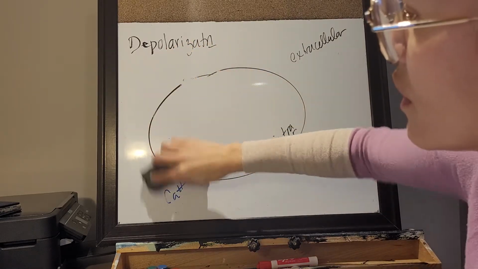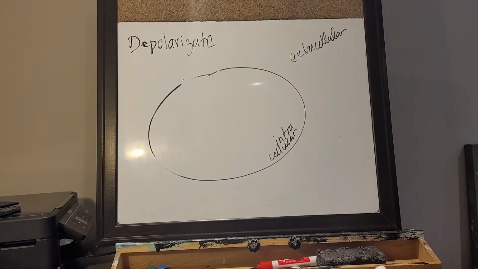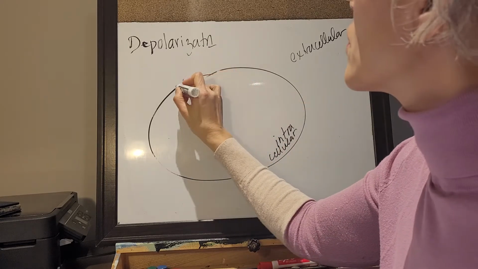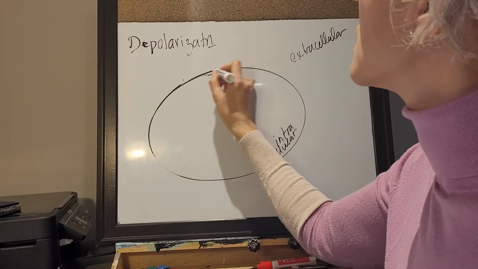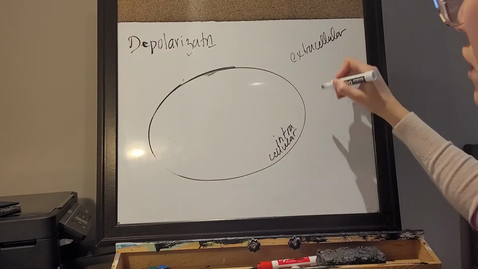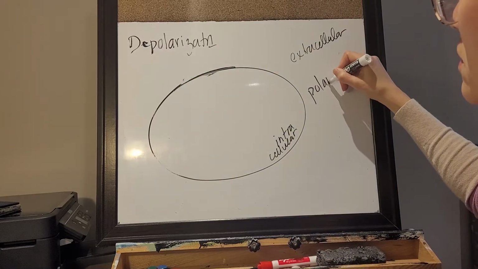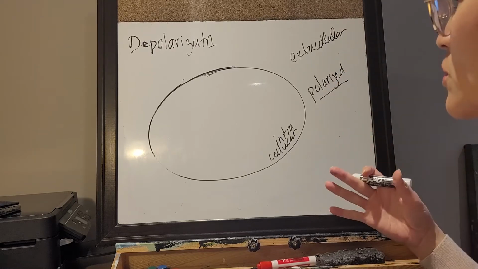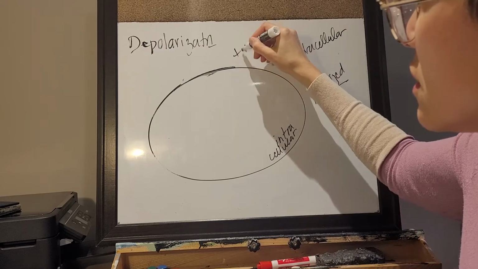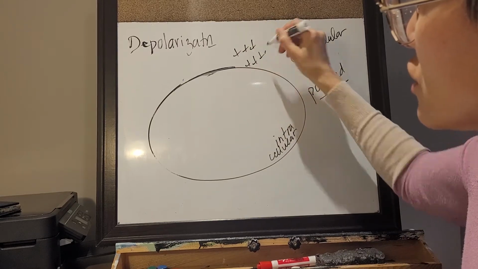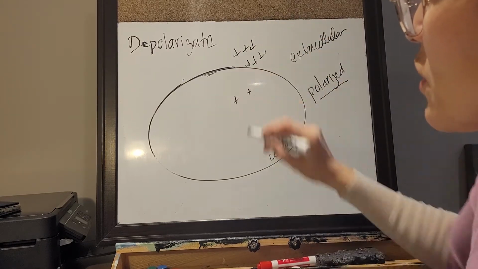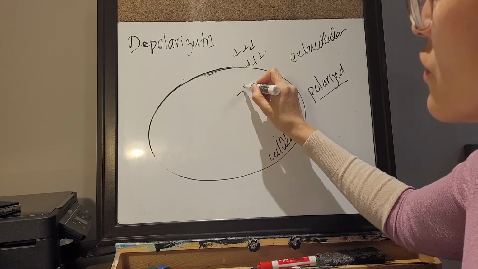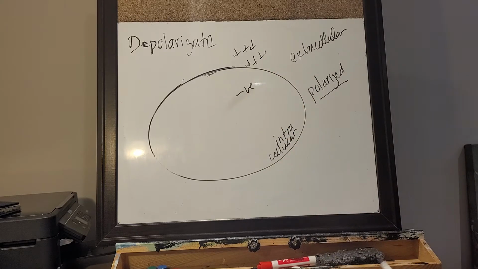I'm just going to move the ions for a second. The resting state of a cell we call polarized. That is, our cells continually work to maintain more positive charge outside and less positive charge inside, or if you want to think of it as negative inside.